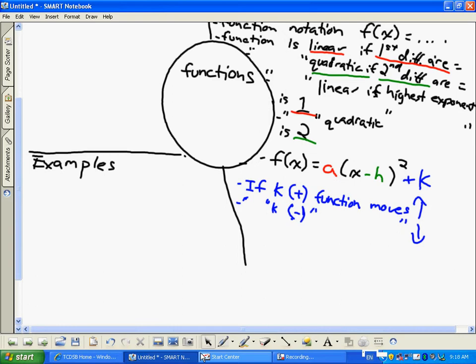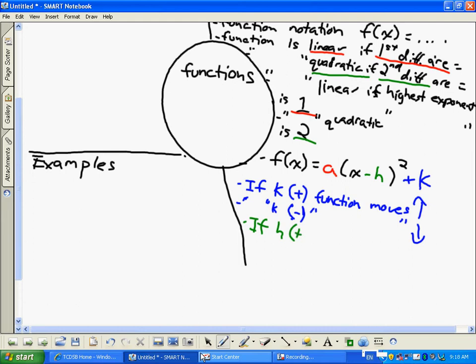How about h? Who can tell me about h? What's that, Matthew? That's right. So our h is the opposite of k.